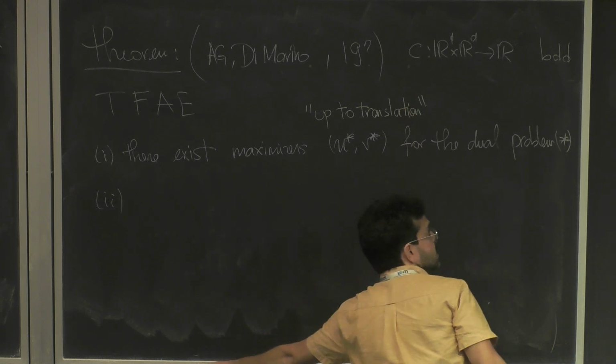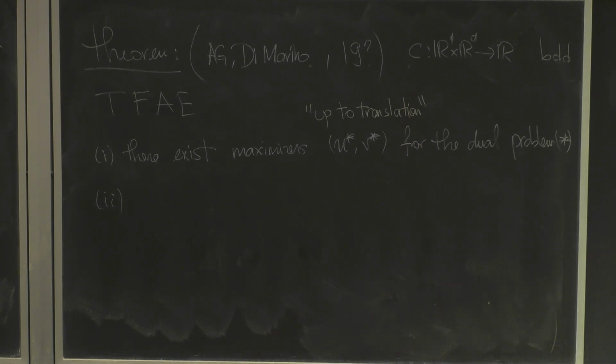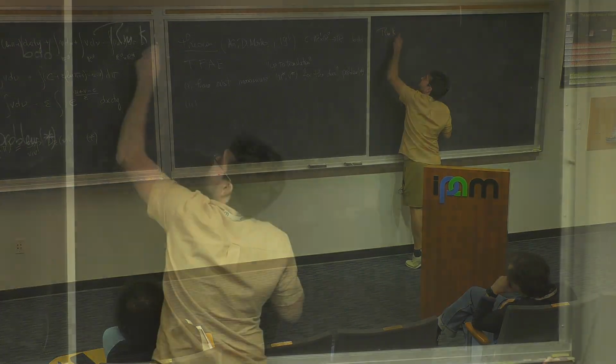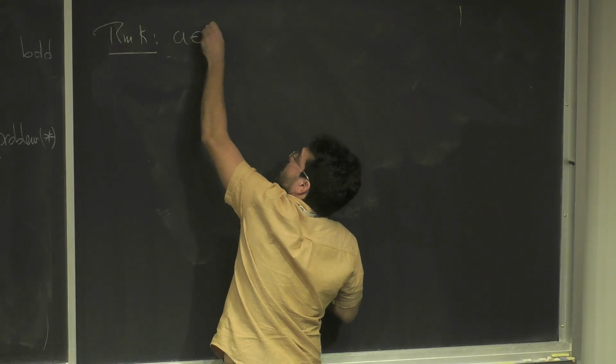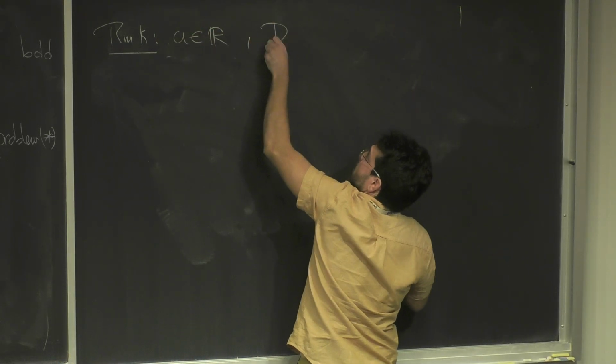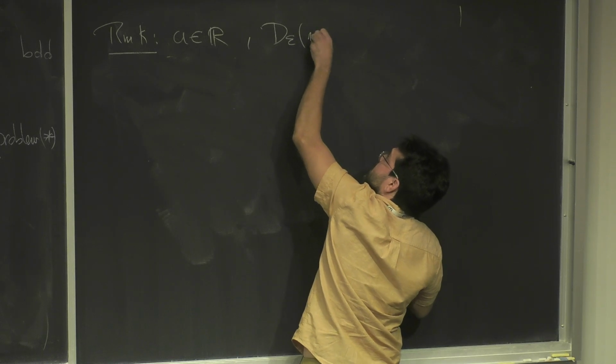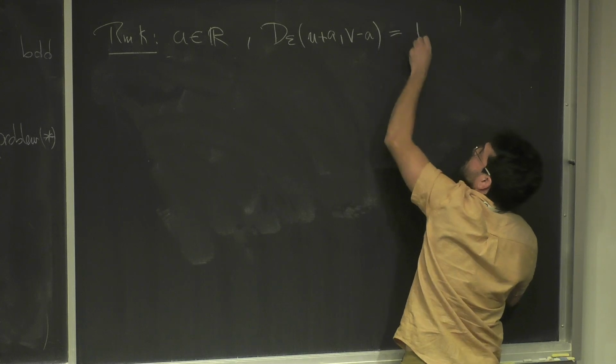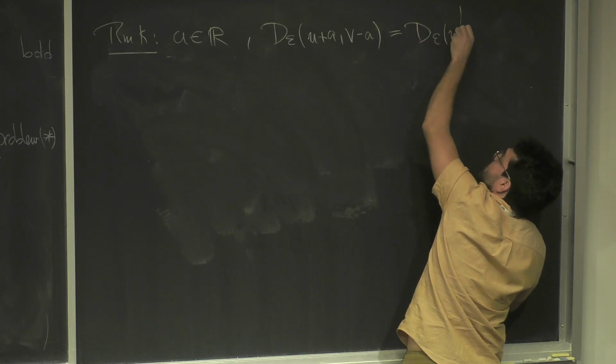The remark is simply that if you have a real number a and you compute the dual functional of u plus a, v minus a, this is the same as evaluating at u and v.